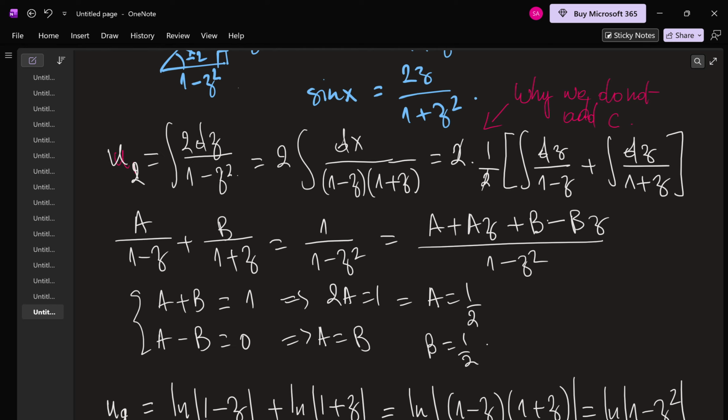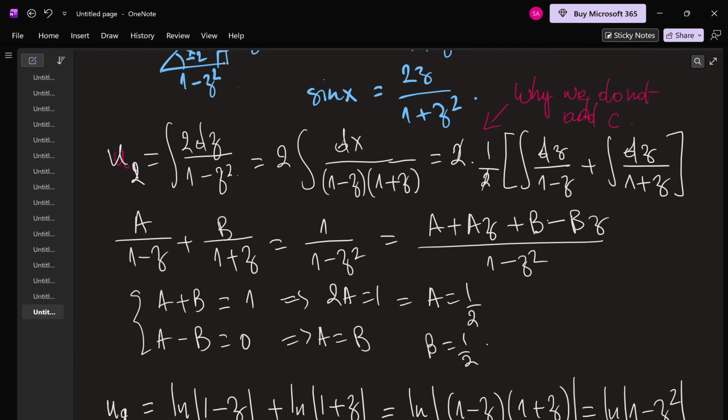The simple answer is we only look for one particular solution. We don't look for a family of solutions. And it suffices to take c equal to 0 to simplify the calculations.